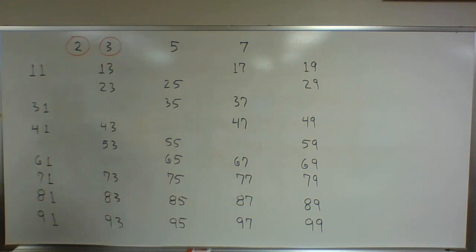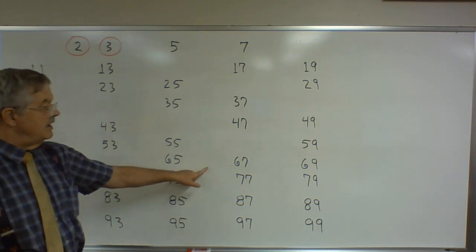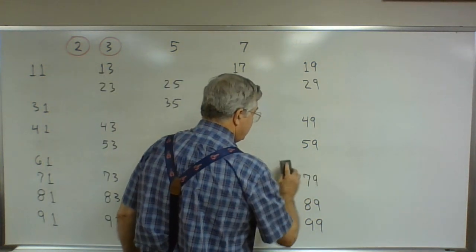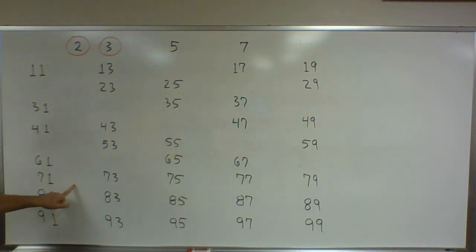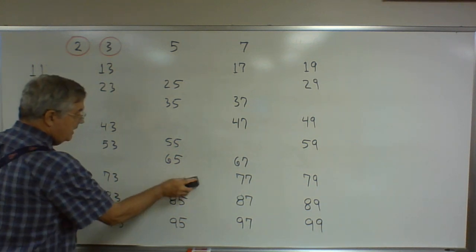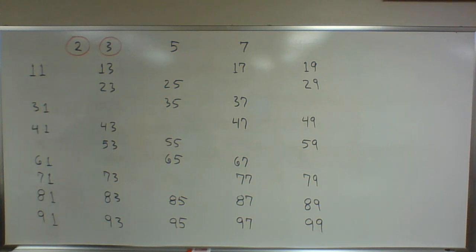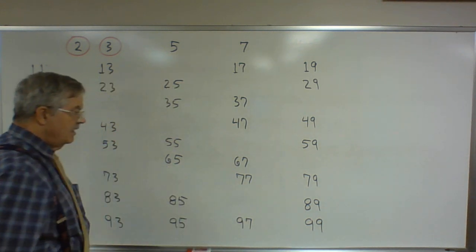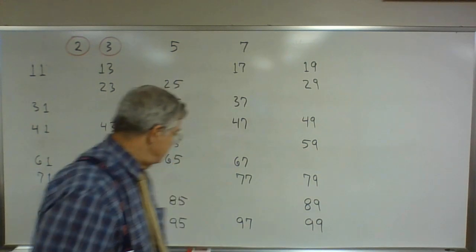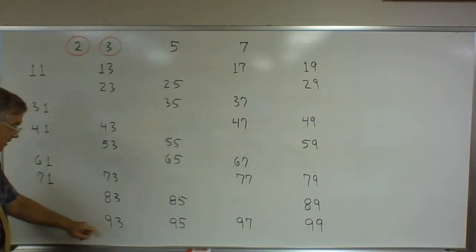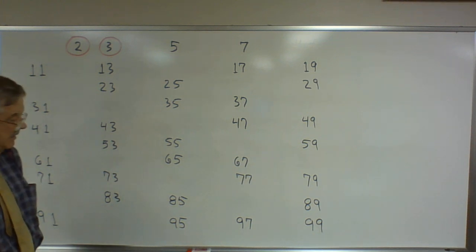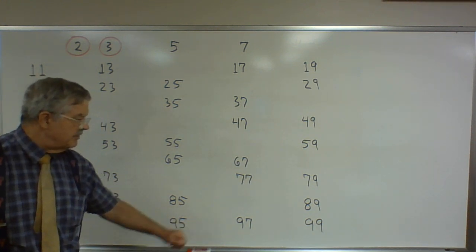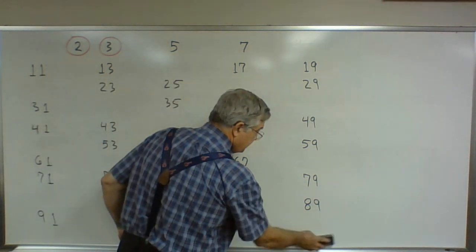63 is a multiple of 3, we got rid of it. 66, we got rid of it. 69, we get rid of that. 72, we got rid of it. 75 is a multiple of 3, we get rid of that. 78, we got rid of it. 81, we got to get rid of that. 84, we got rid of it. 87, got to get rid of that. 90, we got rid of that. 93 is a multiple of 3, got to get rid of that. 96 is a multiple of 3, we already got rid of that. 99 is a multiple of 3, got to get rid of that.